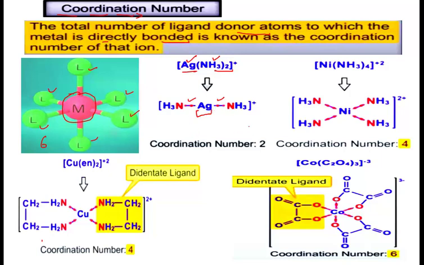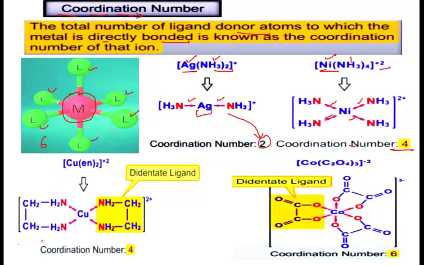So its coordination number comes out to be 2. Then the next example, [Ni(NH3)4]2+. Again NH3 is the same monodentate ligand, and nickel is the central atom. Ammonia will form 4 coordinate covalent bonds. So 4 bonds are shown, and its coordination number is 4.